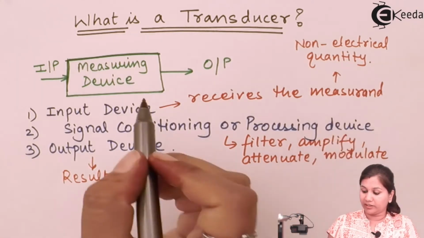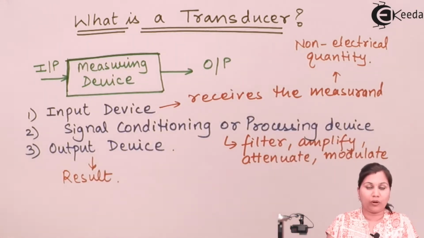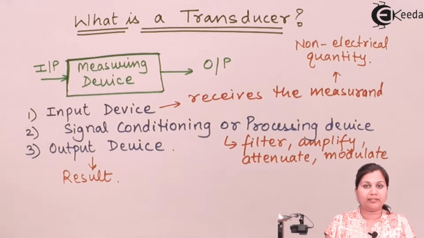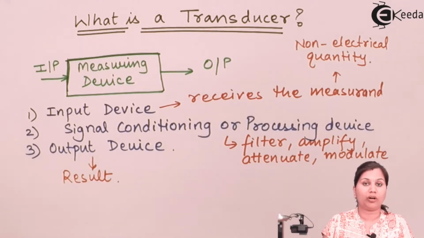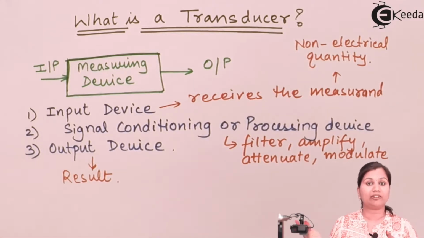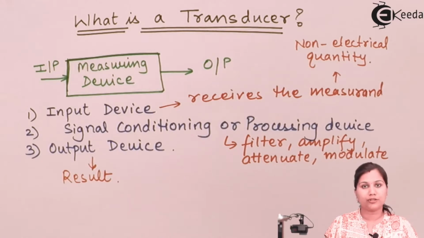Now the input signal is a non-electrical quantity, so a problem occurs in the instrumentation and measurement system: how is this non-electrical quantity to be used by the electrical methods? So there is a need for the conversion of a non-electrical quantity into an electrical quantity, and for that a device is developed which does that conversion, and this device is known as the transducer.